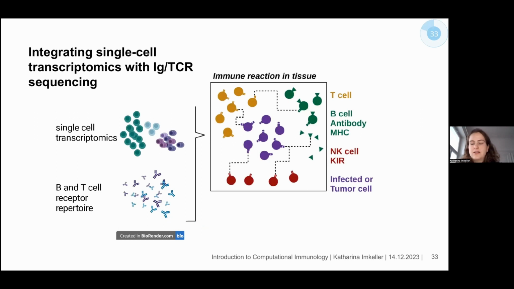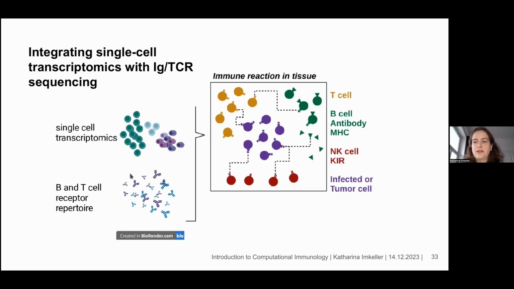In the last 2 slides, I would like to go back to this idea of integrating different sources of information. And I would like to highlight one particular example, which I like very much, about how to integrate single-cell transcriptomic and B and T cell receptor sequencing. This is based on methodology, which is offered from different companies, or which you can also design yourself, where you sequence at the same time single-cell transcriptomes and the belonging B and T cell receptor repertoires.